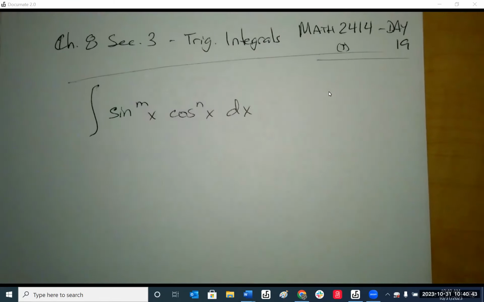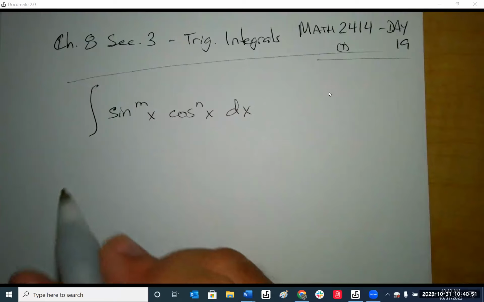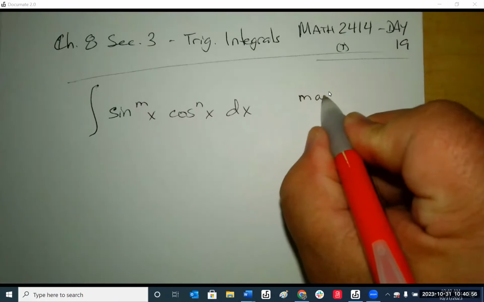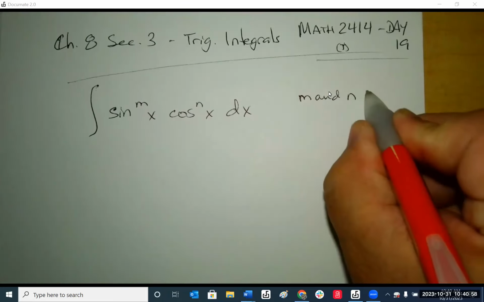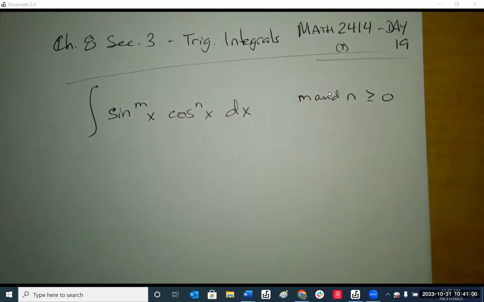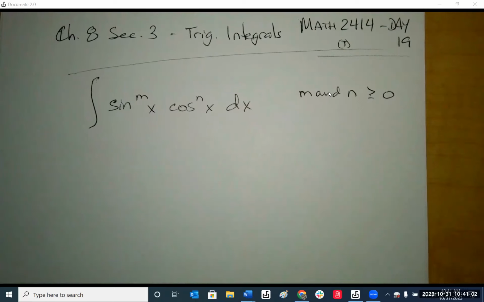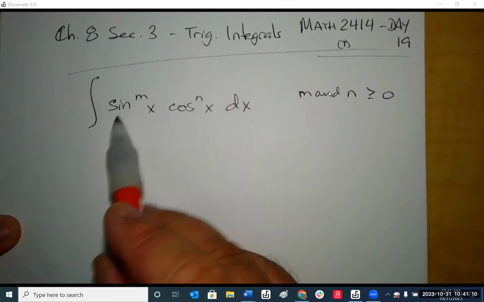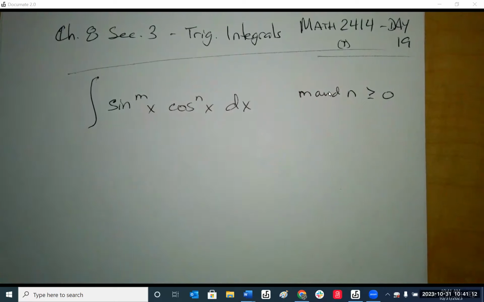Because everything can be written down in terms of sine and cosine. So this is what we're going to look at, the sine and cosine. When this occurs, where our exponents are non-negative numbers, they can be 0 because if it's 0, then it just becomes 1.